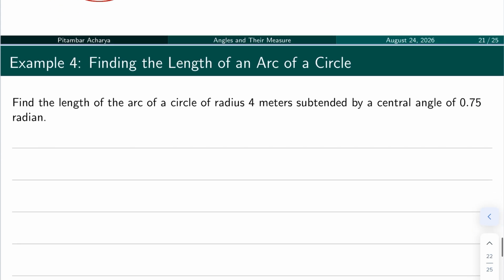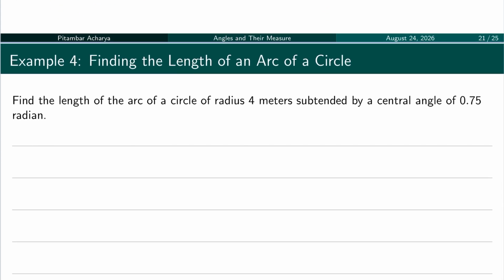Let's take an example. Find the length of an arc of a circle with radius 4. So the radius equals 4 meter, and the central angle is 0.75 radian. What would be the arc length?